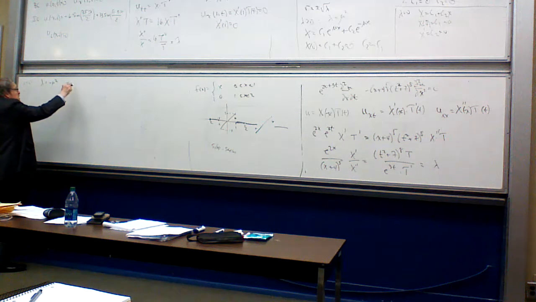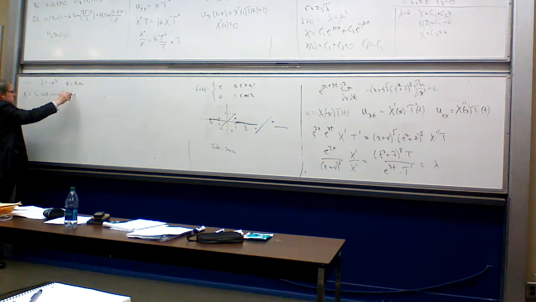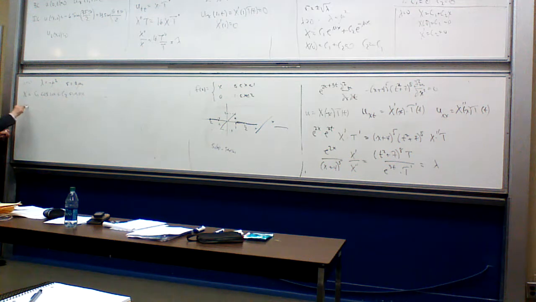So r is plus or minus mu i, and we get X is C1 cosine of mu x plus C2 sine of mu x. X at 0 is C1 cosine of 0 is 1, C2 sine of 0 is 0.